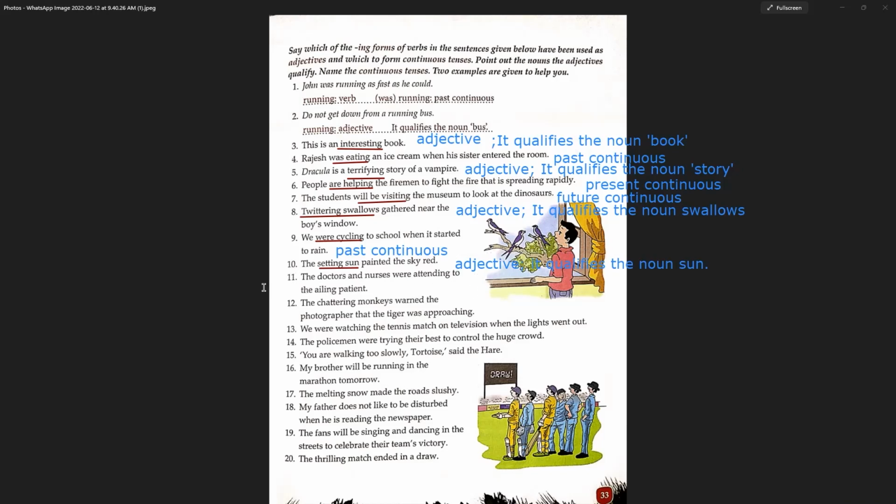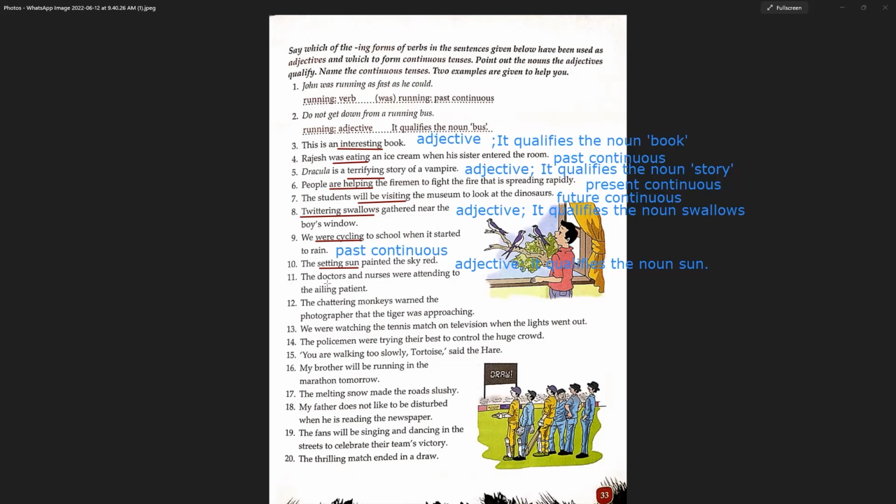Yes, Vinuka, can you do number 11? The doctors and nurses were attending to the ailing patient. Yes. So what shall I underline there? Were attending.